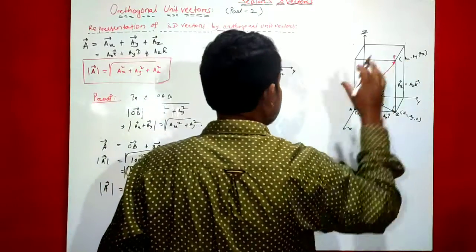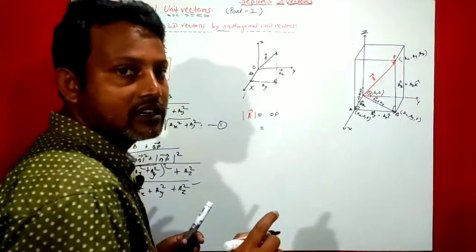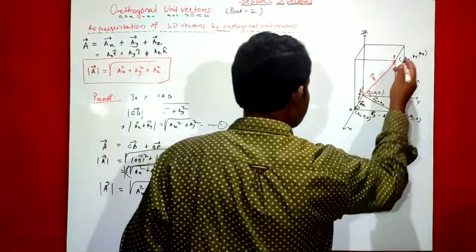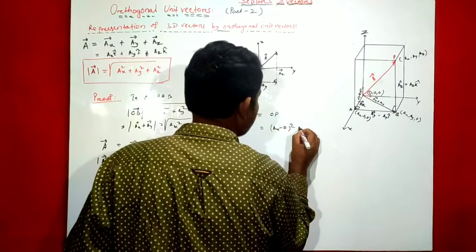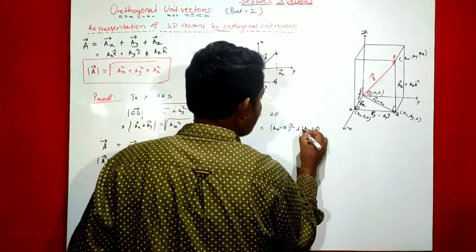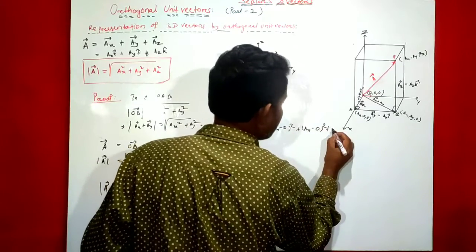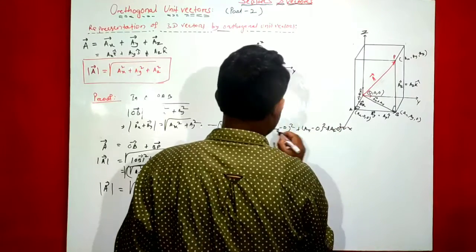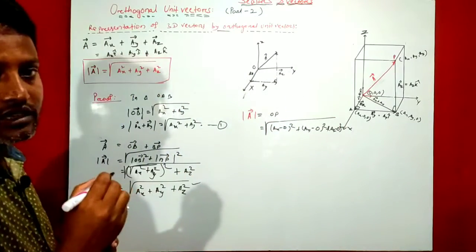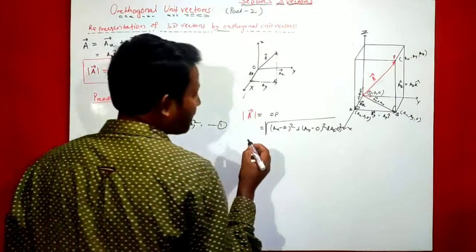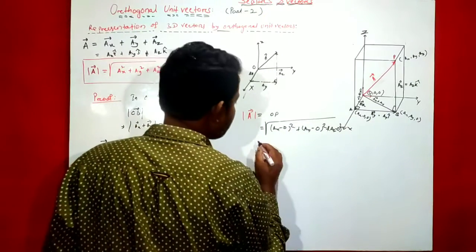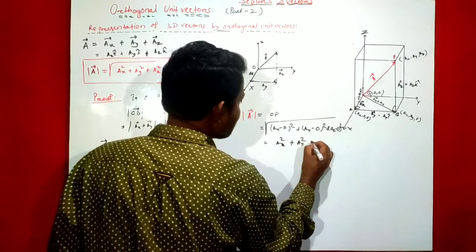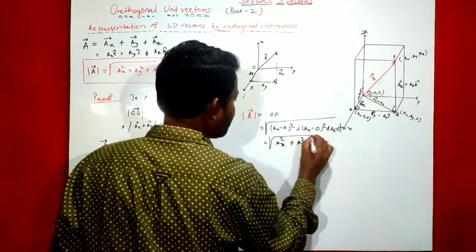The distance OP can be found by using the distance formula: the square root of AX minus 0 square plus AY minus 0 square plus AZ minus 0 square. This is AX square plus AY square plus AZ square.